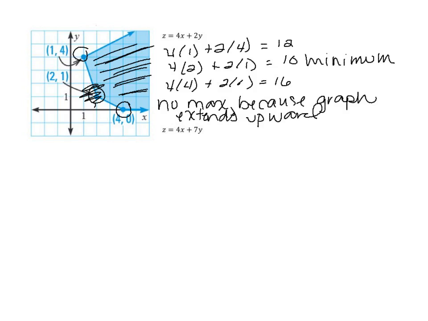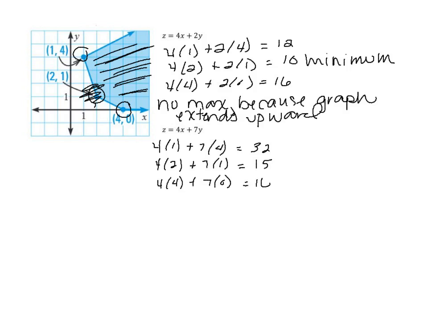All right, so let's try with the optimization at 4x plus 7y. So we'll just continue: 4 times 1 plus 7 times 4, 32. 4 times 2 plus 7 times 1, 15. 4 times 4 plus 7 times 0, 16.